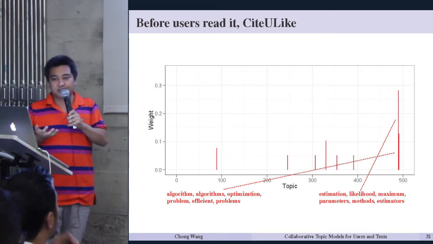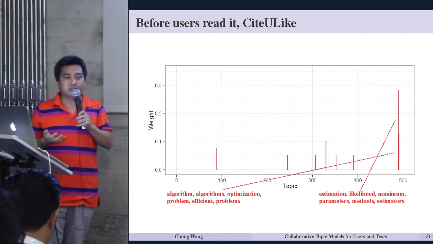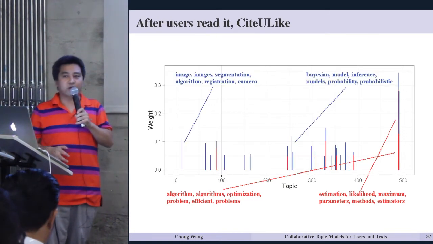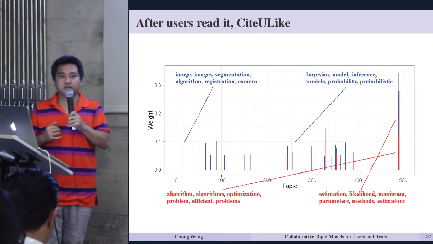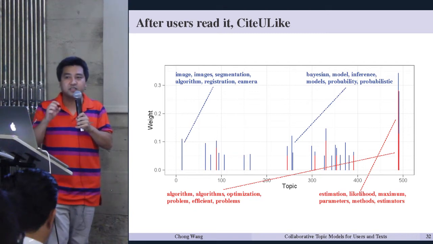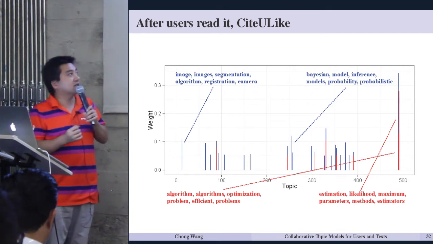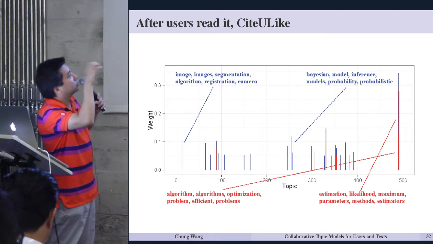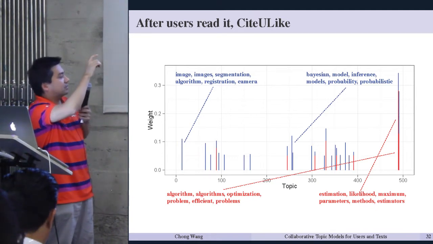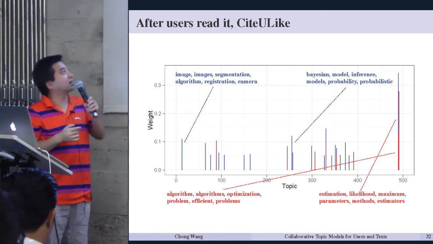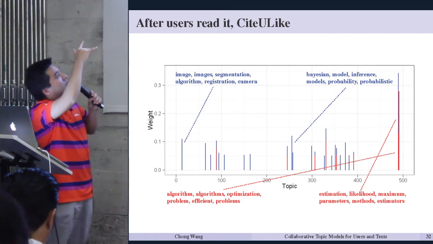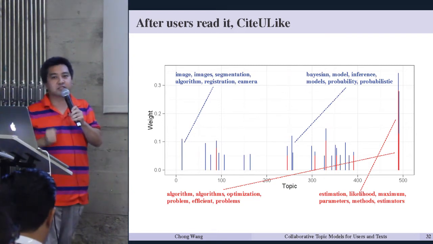That's actually the topics for this document. If you run a basic LDA model, it would be similar to this. But if we add the user information and use our model to generate the topic proportions for this document, then you can see the corrections that we add. Those blue topics are the corrections we add to this document.